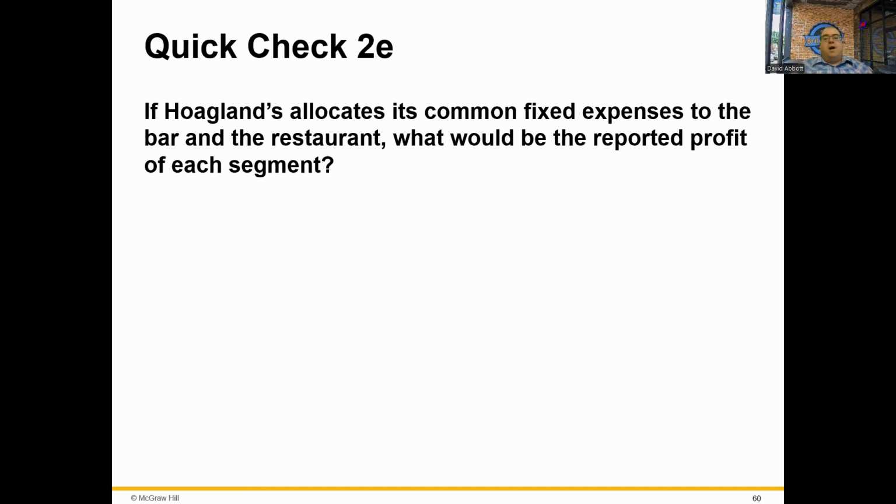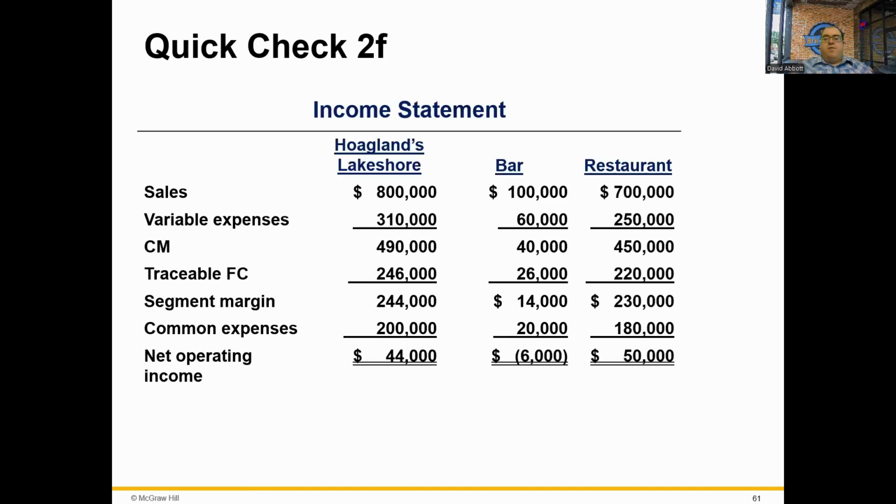So you can allocate it that way if it is something that truly is associated with that. Now, if Hoggus Land allocates its common fixed cost to the bar and the restaurant, what would be the reported profit for each segment? Based on the square footage, the bar would actually lose $6,000 and the restaurant would have a net operating income of $50,000.